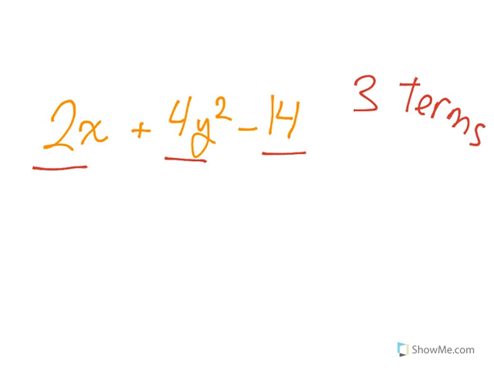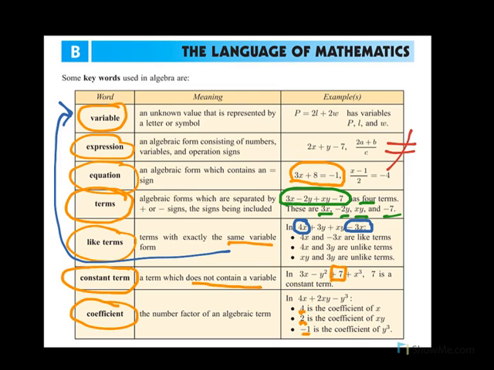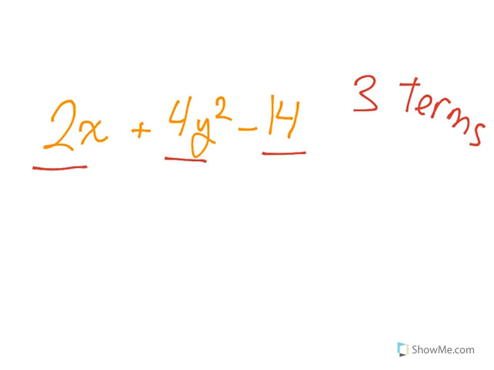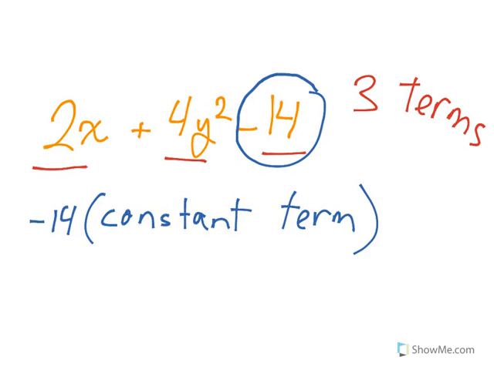There are no like terms here. Now let's look at the constant term, which is a term that does not contain a variable. Is there a constant term? Yes, there is a constant term right here, negative 14. So negative 14 is a constant term.